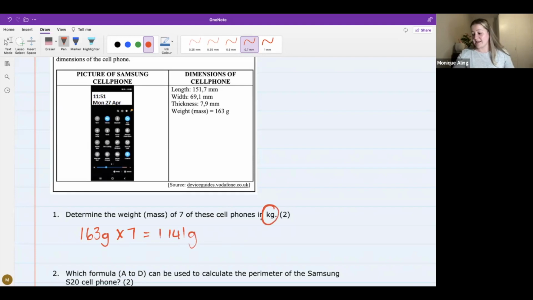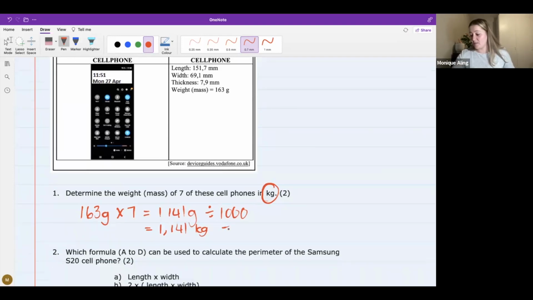They want the answer in kilograms, so we need to remember our conversion. So we divide by 1,000, which gives us 1,141 kgs. And it's also okay if you round it to 2 decimal places, because that's what we normally do. So 1,14 kgs.